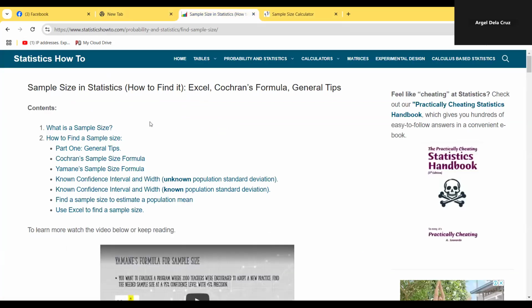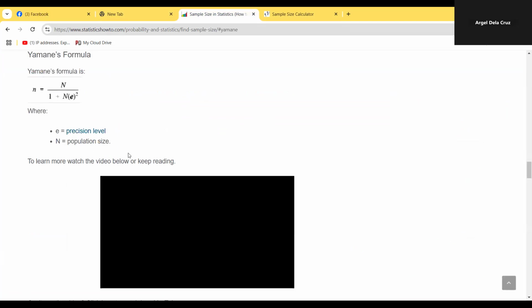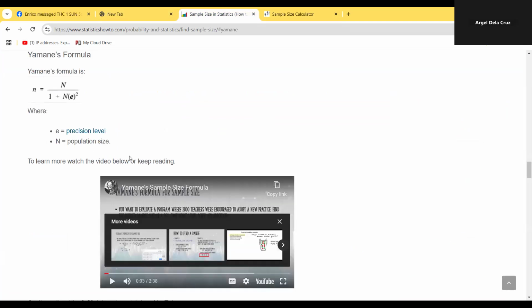So the basis would be what we call the Yamane formula. Yamane. Okay. Sample size. Again, paano po yung sample size na to? So this is applied to probabilistic. Pag non-probabilistic, wala kayong computin. Pag census po, wala rin po kayong computin. Leave it as is.